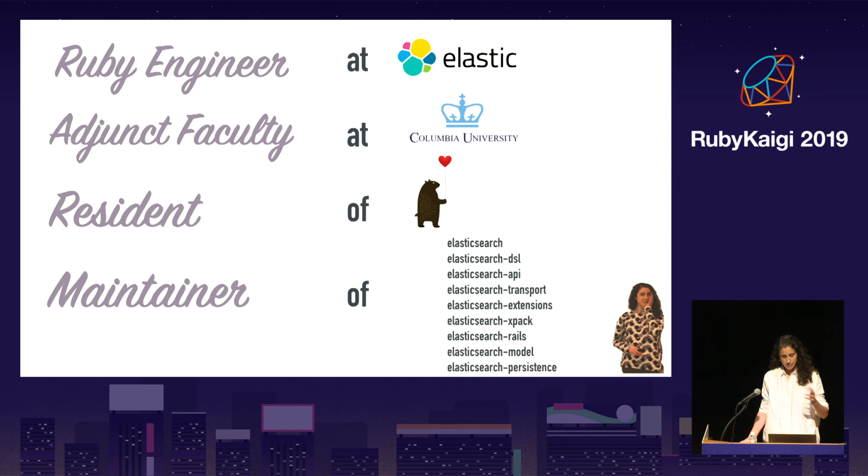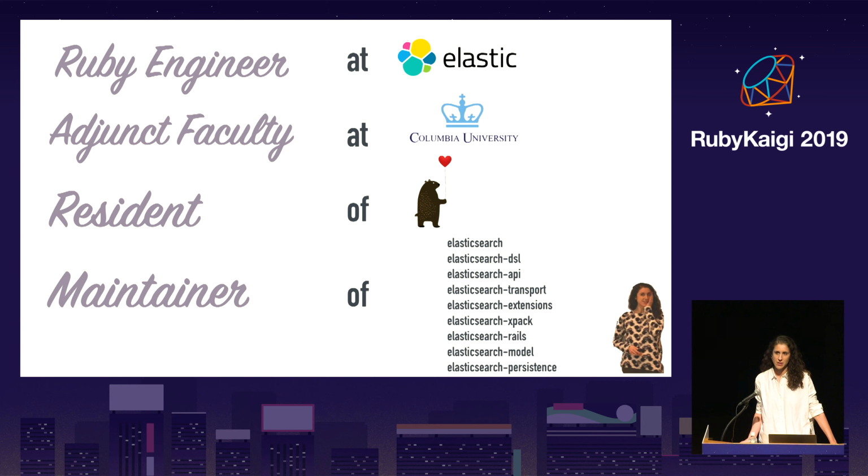And so yeah, I work at Elastic, and I'm an adjunct faculty at Columbia University, where I've taught some courses on web development in Ruby on Rails, and a class most recently on NoSQL databases, where I gave a survey of different NoSQL databases, and I talked about different use cases and how you could choose a given database given a certain use case. I'm a resident of Berlin, Germany. I've been there for 5 years.